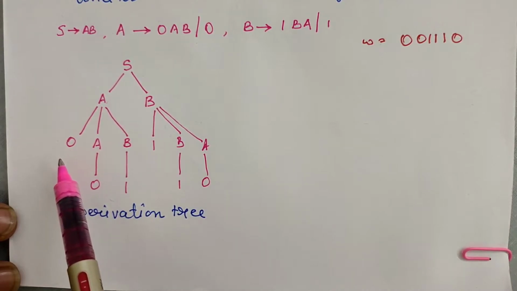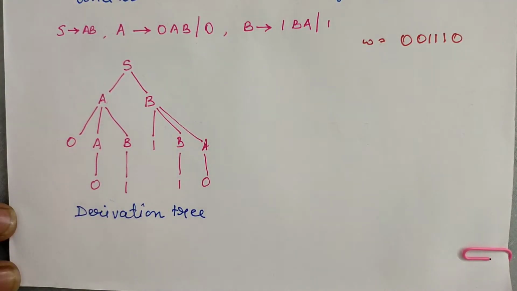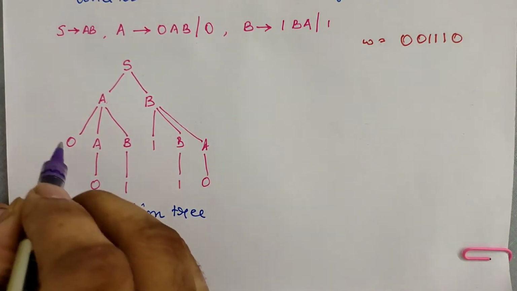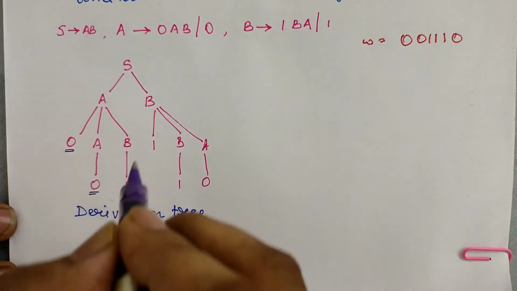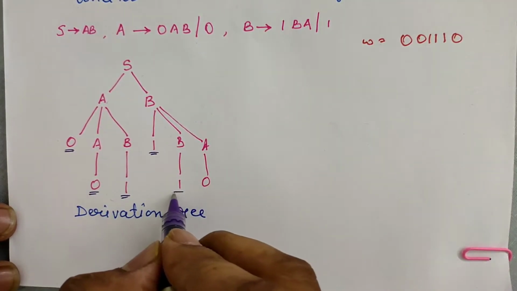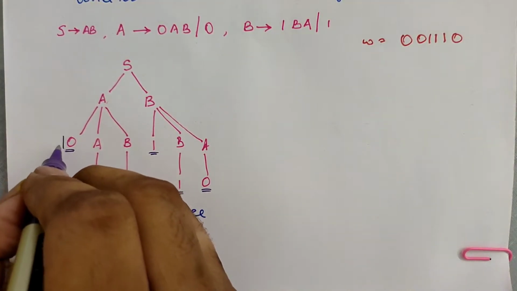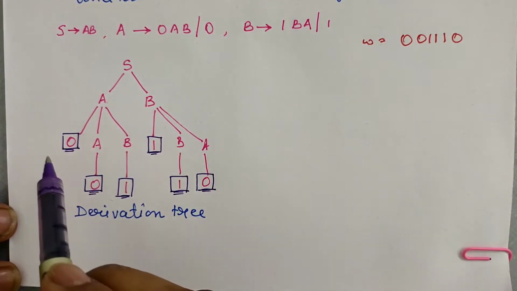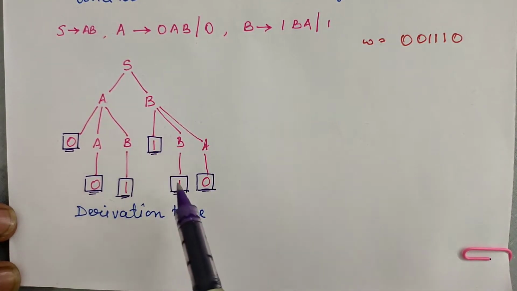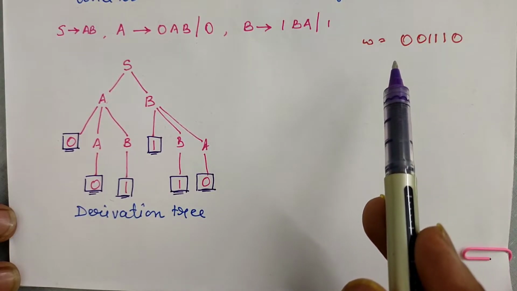Now this is a derivation tree for the given string. If you see all the leaf nodes, that is this 0, this 0, 1, 1, 1 and 0, the string generated is 001110, and this is the string that we intend to generate.